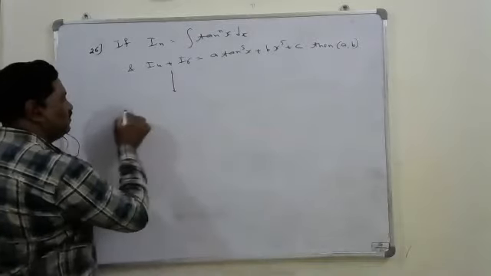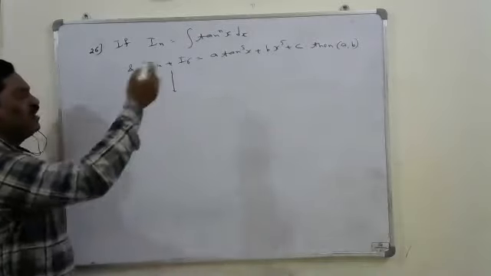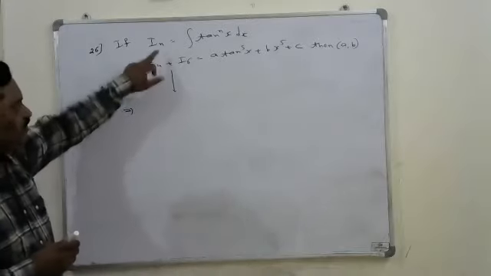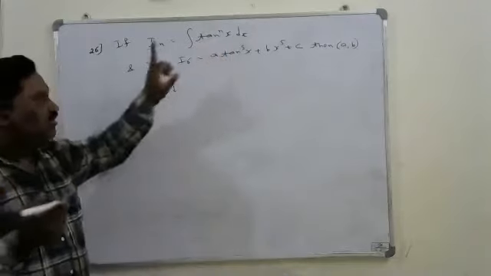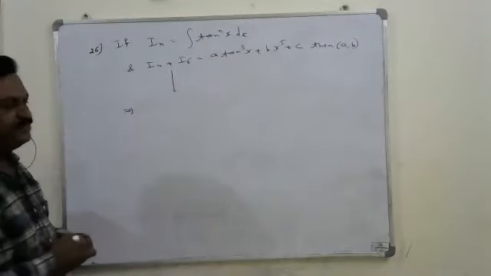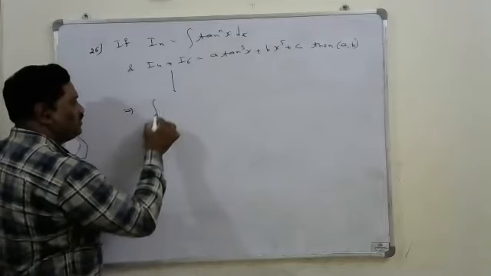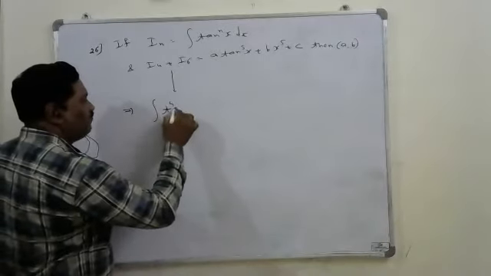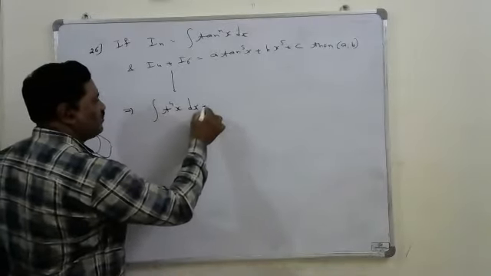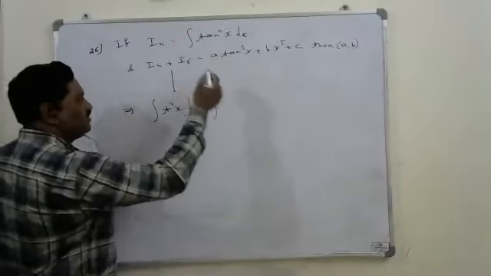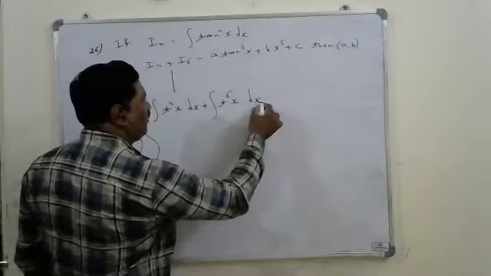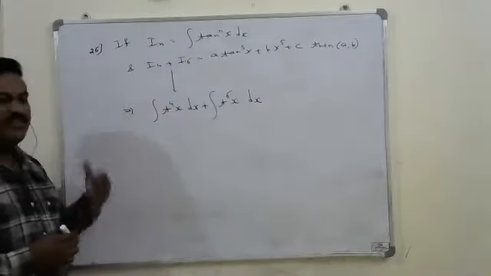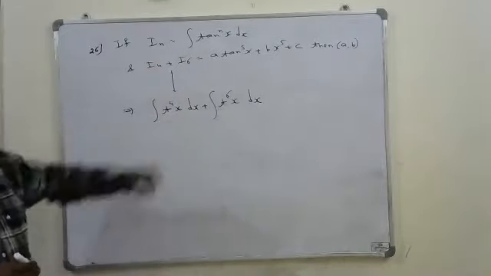Since I_n was given as the integral of tan power n x, means in the suffix if there is an n, here you can find the power is also n. Similarly, how can you write I4? I4 means the integral of tan power 4x, plus I6 is the integral of tan power 6x dx. Means replace that n by 4 and by 6.